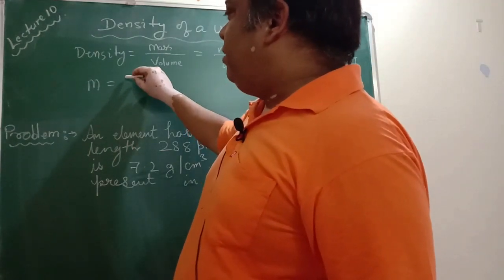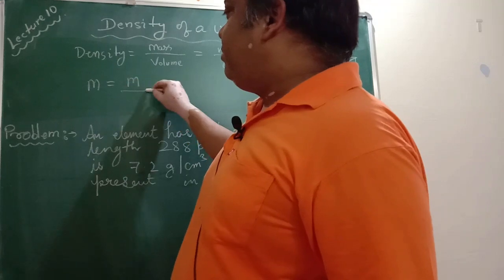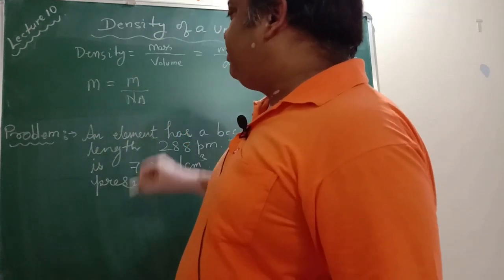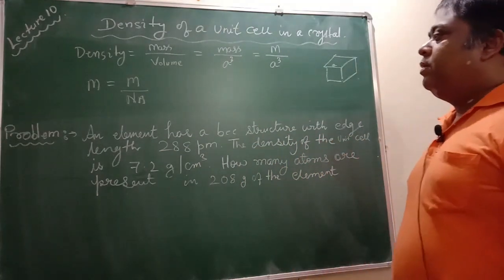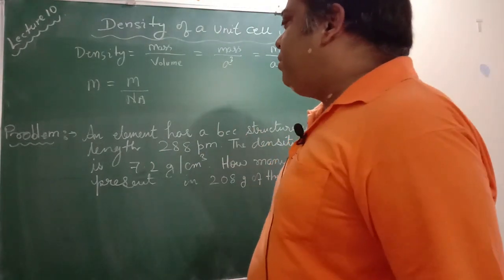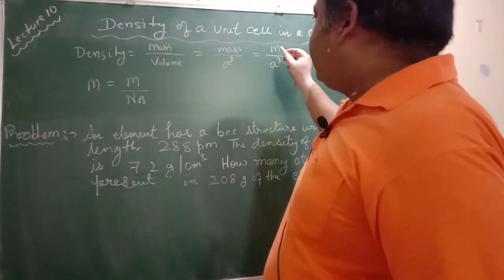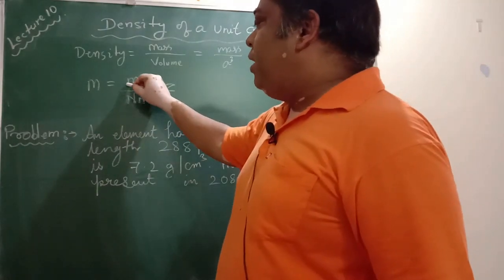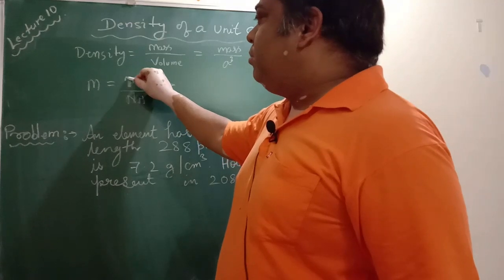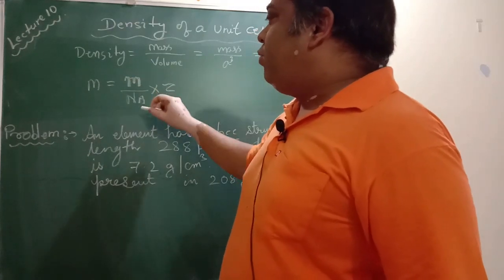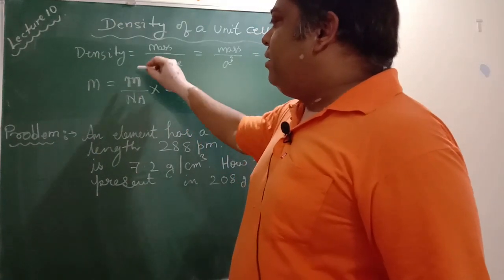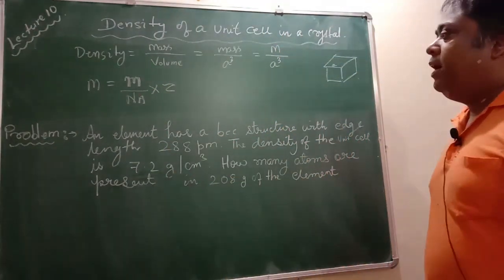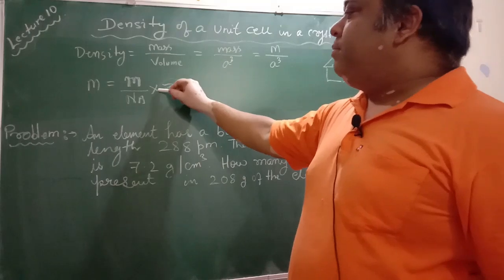So the mass of one atom will be equal to m divided by Avogadro number, and the number of such atoms will be equal to Z. So we multiply it by Z. Small m is the molar mass. For 1 mole, whatever mass is there, if we divide it by Avogadro number, then we will get the mass for one atom, and this is the mass for Z number of atoms.